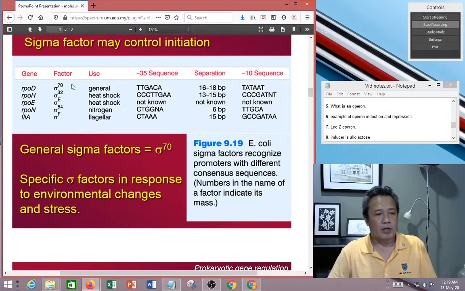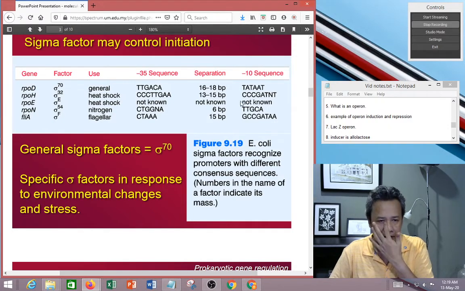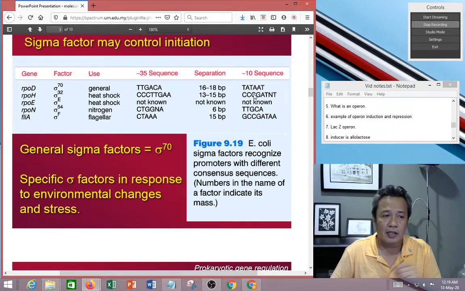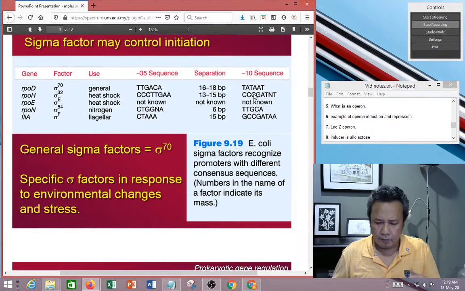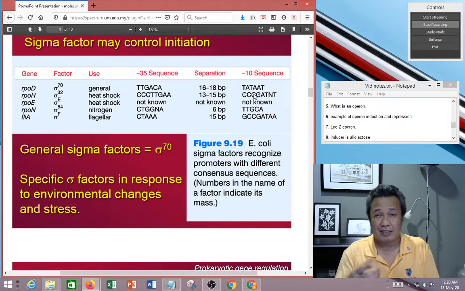But you have sigma 32, a different sigma factor. This one binds to CCCTTGAA and CCCGATNT. These are sequences located in heat shock genes. What are heat shock proteins? Proteins that help the bacteria respond to changes in temperature. Some bacteria become a spore, some become inactive.